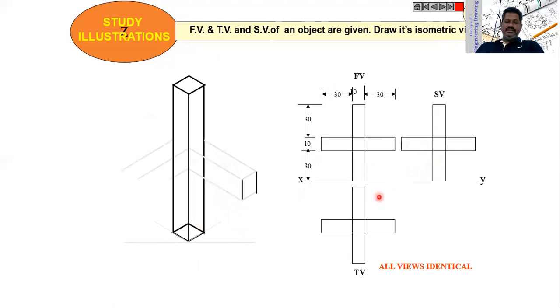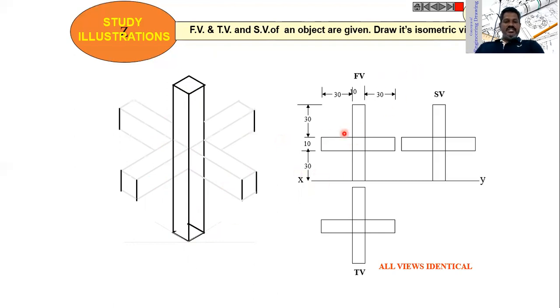Okay, then on all the sides we have the projections like this, 4 sides. At the middle we have a square cross-sectional bar, and on all the sides of this bar also we have the projections like this.